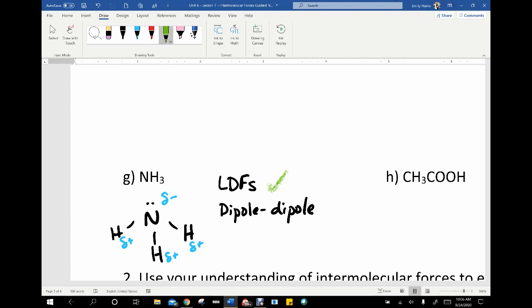So yes, the molecule is polar. Yes, it will have dipole-dipole forces. Now let's look at whether or not it will have hydrogen bonding. We do have nitrogen directly attached to hydrogen. So F, O, or N, we have the N. So yes, this will participate in hydrogen bonding as well.